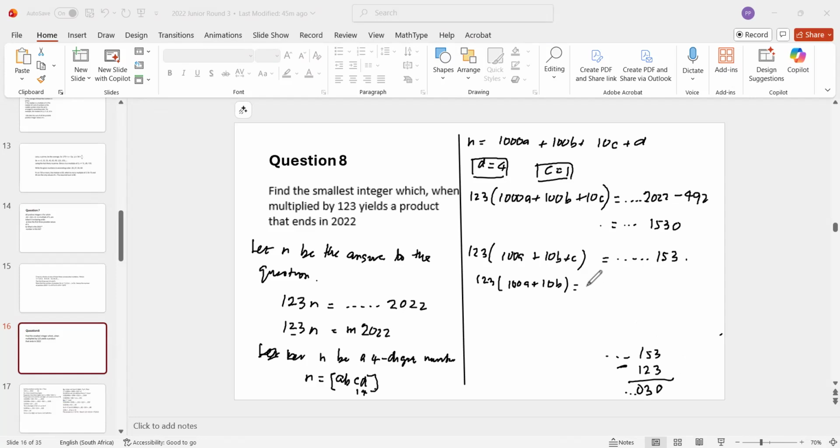So you come up to the same thing. Some number which lands at 0, 3, 0. Again, you divide by 10. 123 times 10A plus B is equal to something ending in 0, 3. Dividing by 10 on both sides.